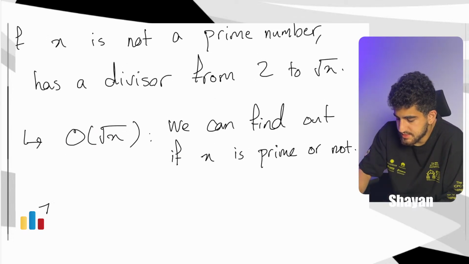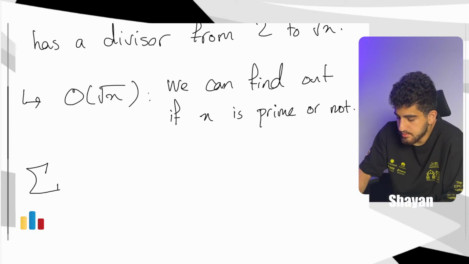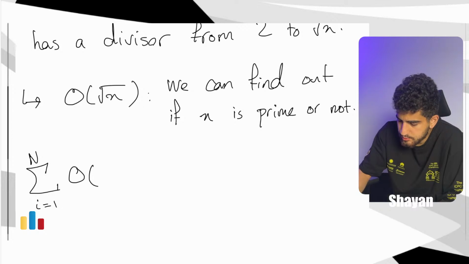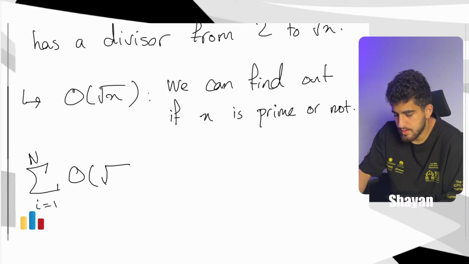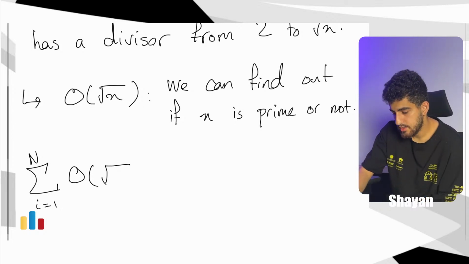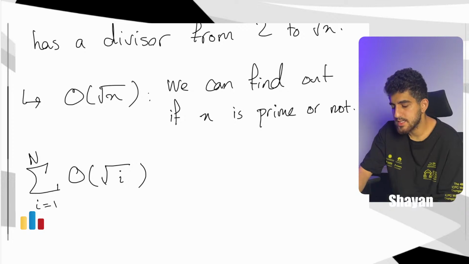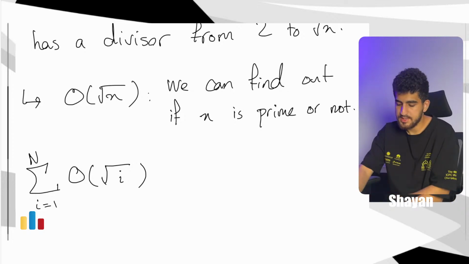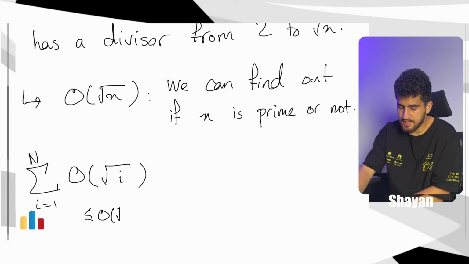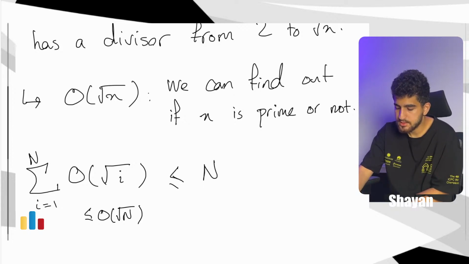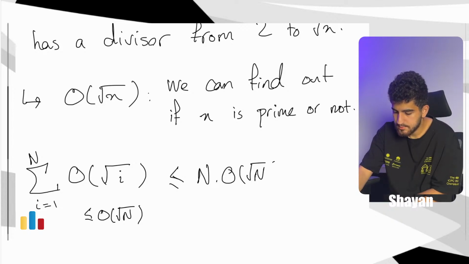So it's like we have the sum for each number i from 1 to n of the square root of i, and because the square root of i for all of them is less than or equal to O of the square root of n, this is going to be less than or equal to n times O of the square root of n, which is equal to O of n square root of n.